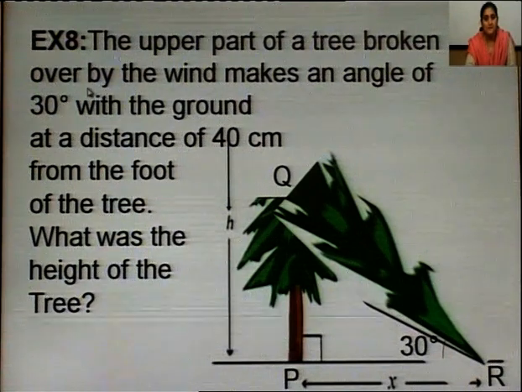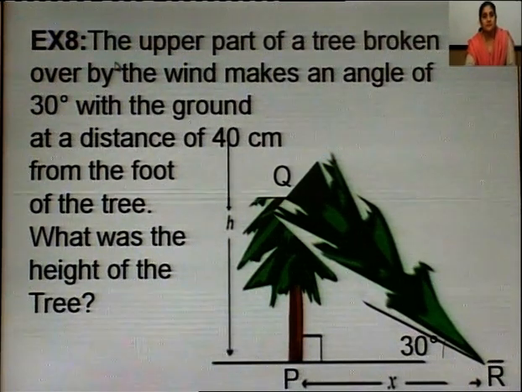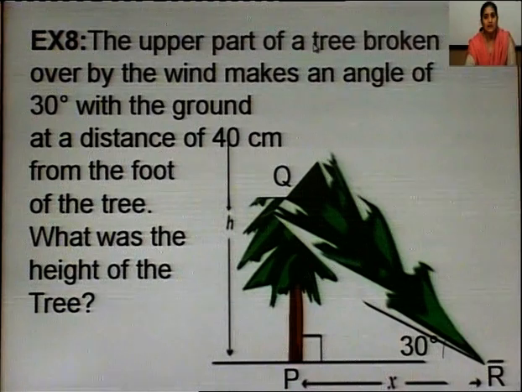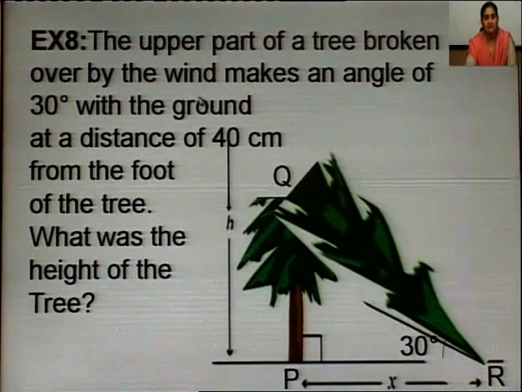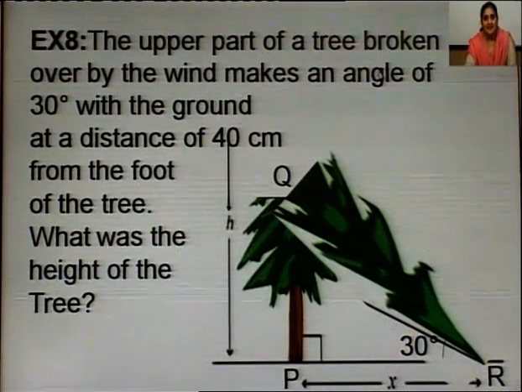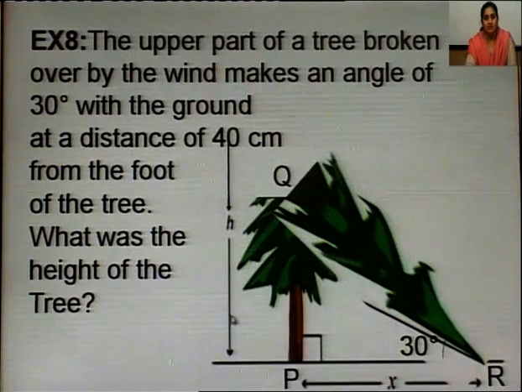Next example. The upper part of a tree, this is the tree PQR. The upper part of a tree broken over by the wind makes an angle of 30 degree with the ground.